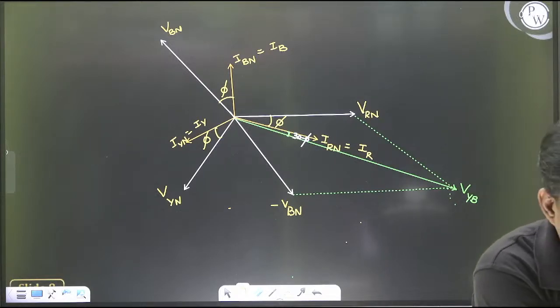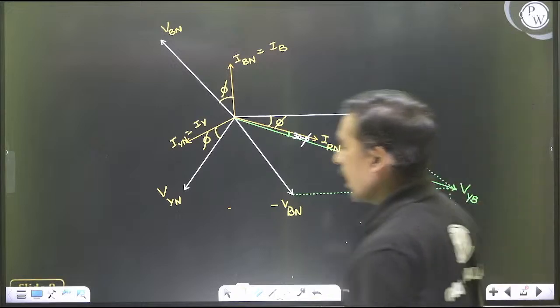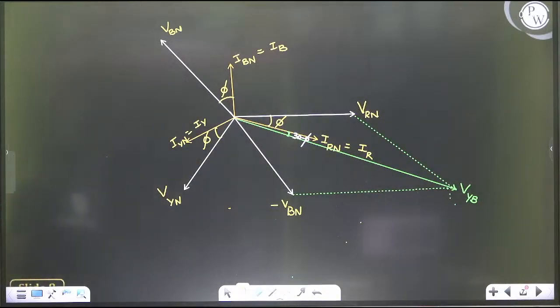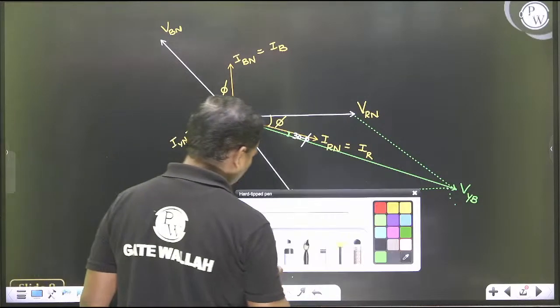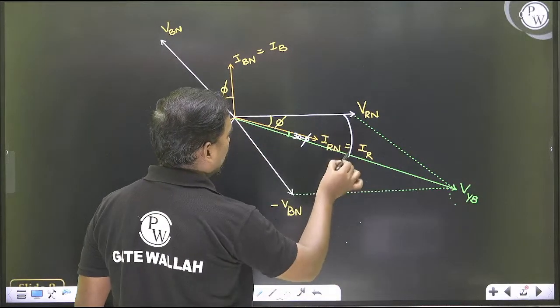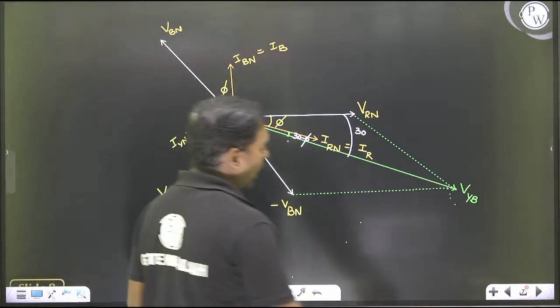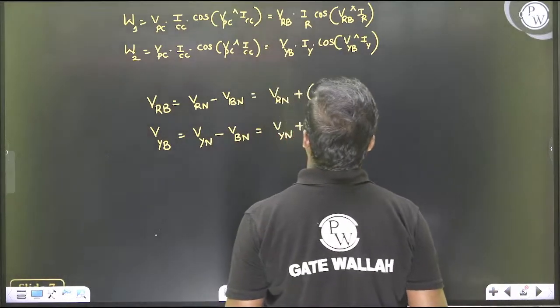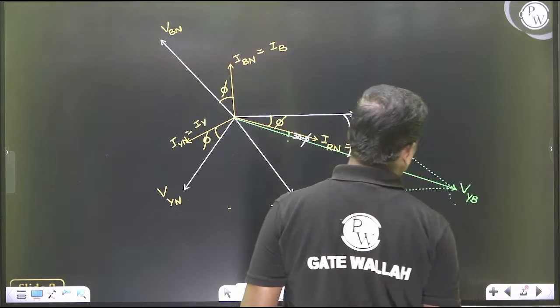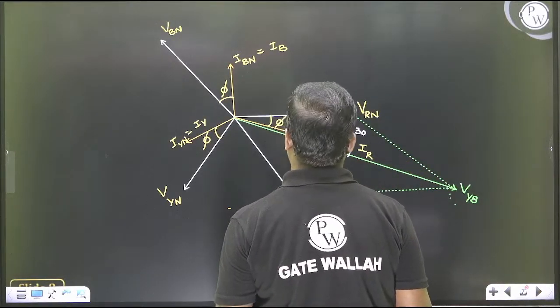Okay, so listen carefully. This angle we got as 30 minus phi. This total is 30, so this will be 30 minus phi. So we got the angle between VRB and IR. Sorry, this is VRB.